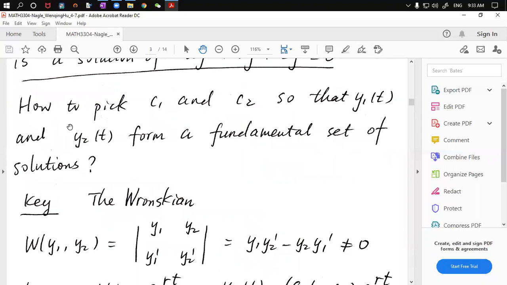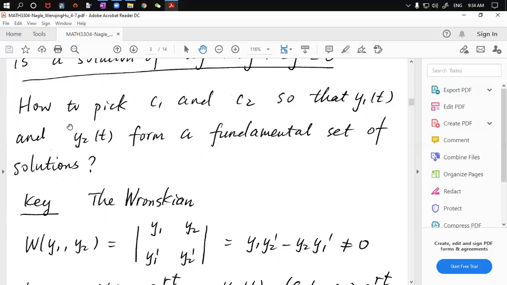If you recall the whole principle of this chapter, we are moving from solving an equation to guessing. In order to solve this equation, you just have to guess 2 solutions. So if it is a homogeneous equation, you just have to guess 2 solutions.